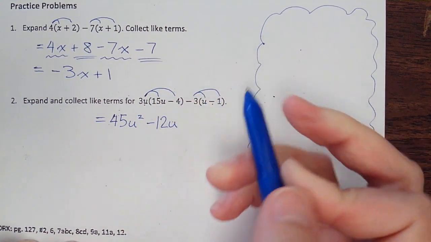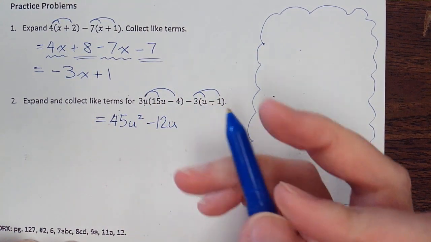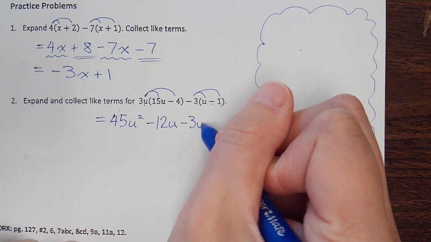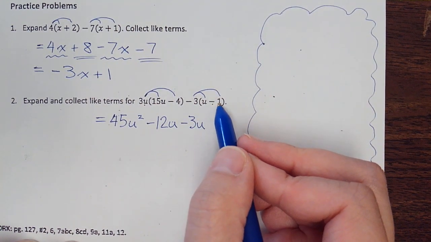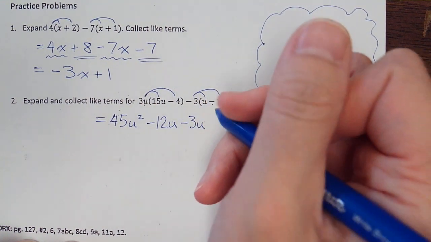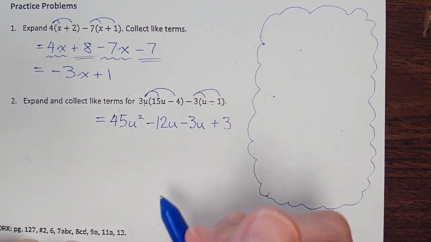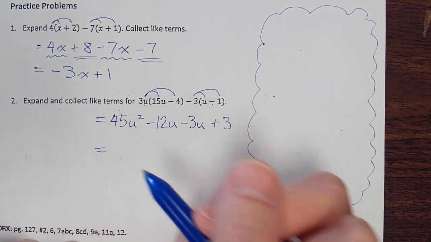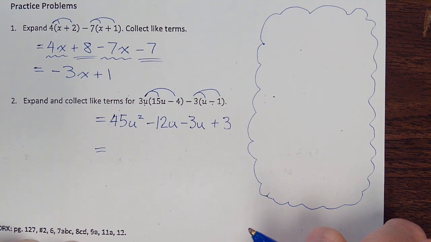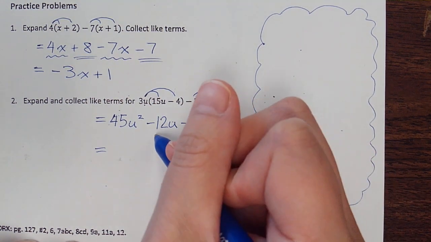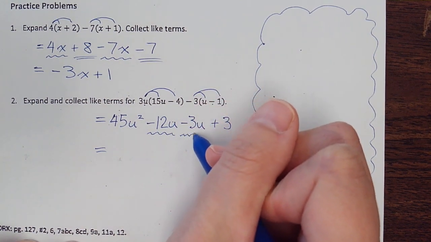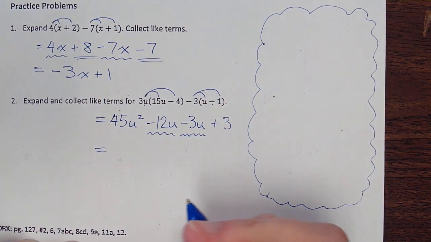Good. Negative 3 times u? Negative 3u. And then negative 3 times negative 1? Positive 3. Good job. Which 2 terms can I combine? Yeah, so the 12u with the negative. Yep, the negative 12.